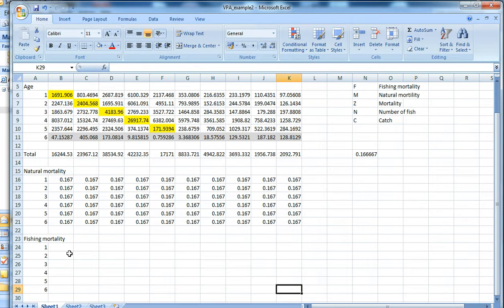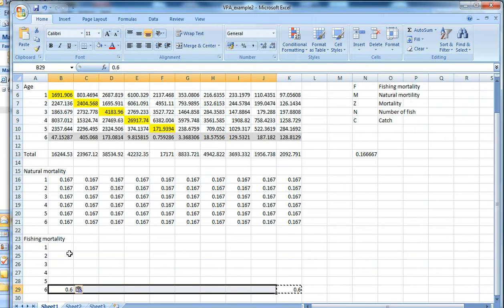There are lots of reasons why it might not be very high, but that's a fairly standard assumption to make. So we'll assume it's pretty high, and we'll give it a value of 0.6. I think that works for me. I'll do that for all years at the moment. I can change that later on if I want.